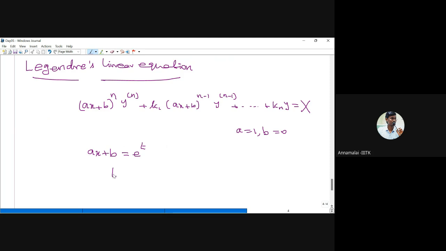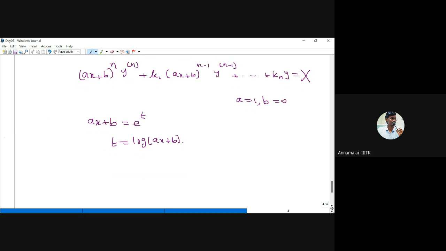So therefore, what is t? t equal to log of ax plus b. That's it. In the general case, after the substitution, the equation reduces to a power n times d into d minus 1 and so on.